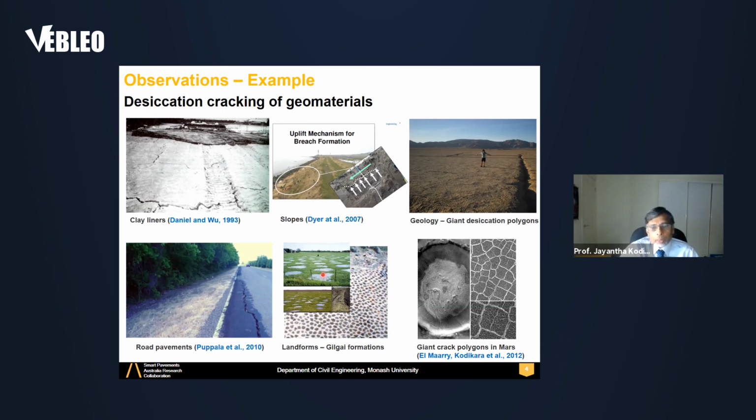Water can accumulate in these depressed areas, and Australian Aboriginals used to call them waterholes; Gilgai stands for that in the local language. And on the bottom right, you see desiccation cracks that have happened en masse, and we have worked on this topic to some extent as well.